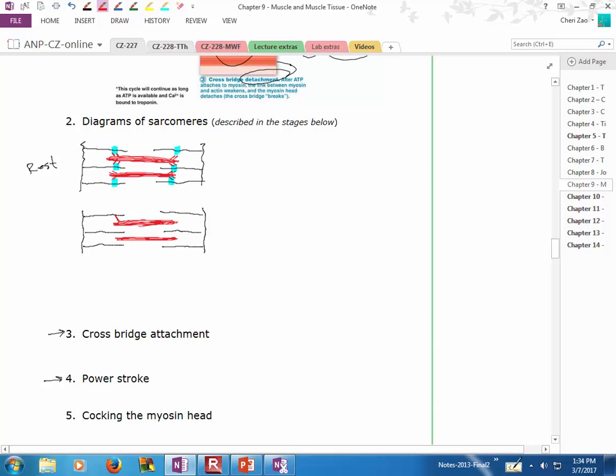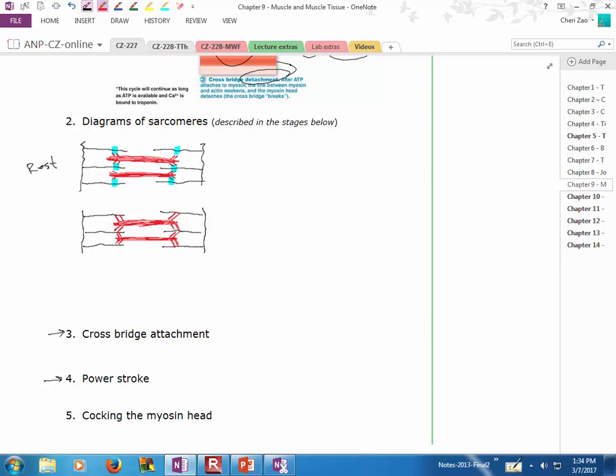I'm going to make the heads of my arrows interact with my actin. So this is cross-bridge attachment before the power stroke. And I told you that they occur like when you touch a live electrical wire. As soon as you touch, something happens, but you have to touch first in order for something to happen.